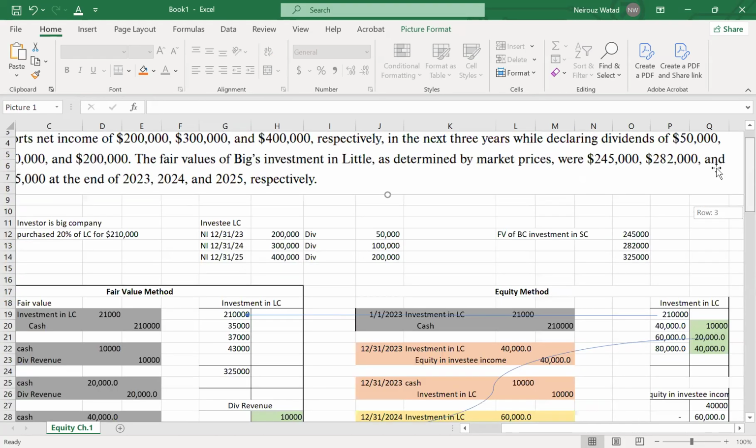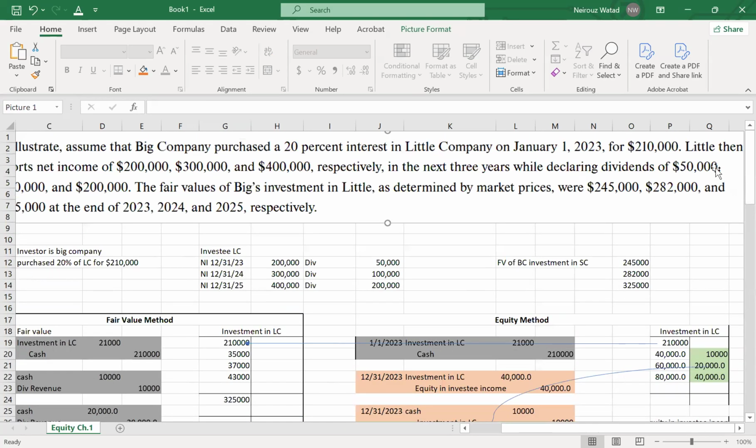Another way is that you use the old-fashioned way, paper and pencil, which is okay. Now, another thing that I do is Word. I use Word a lot while studying because I like to type in my notes.